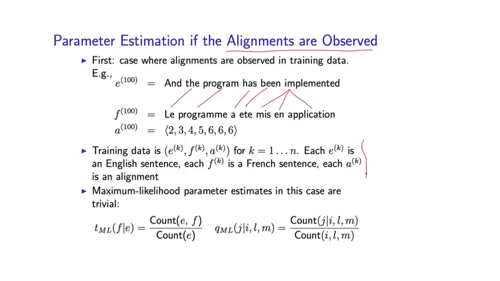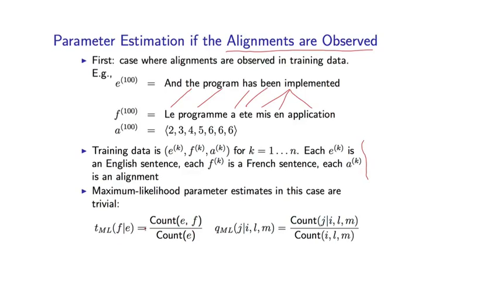So as I said, each training example is a triple, E, F, A. We're now assuming we have alignments. So in this case, deriving maximum likelihood parameter estimates is basically trivial, and it looks very much like the other parameter estimates we've seen earlier in this course. The ML estimates are just ratios of counts taken from our training data.